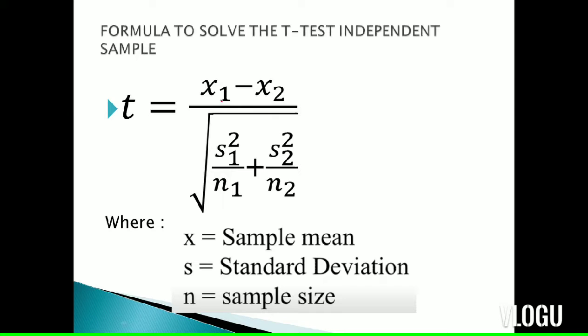So ang imuhang x sub 1 mao na ang mean sa imuhang population 1, and sa imuhang population 2 mao na ang mean ang x sub 2. Where x is the sample mean, s is the standard deviation, n is the sample size. So kung n sub 1, it means sample size sa population 1.